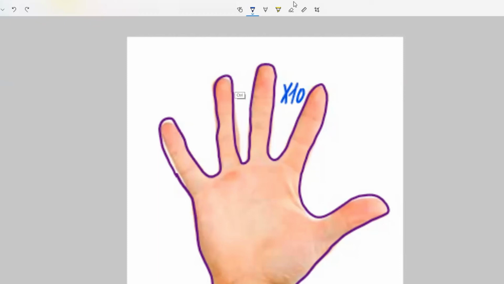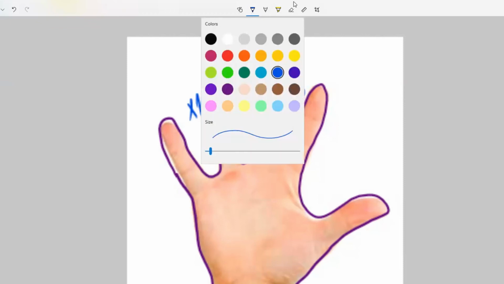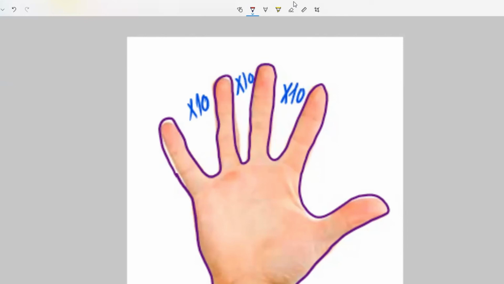Between each two fingers, we're gonna multiply by 10. Repeat after me, please: multiply by 10, multiply by 10, multiply by 10, okay? And then let's write the name of each finger. The name of this finger is meter. So let's write M here.